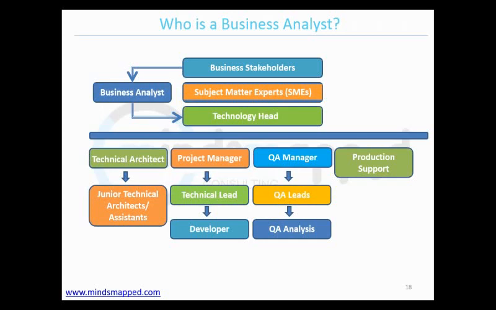Another area where the business analyst works very closely is with the project manager. In project management, he has to work very closely with the project manager, because requirement management is done by the business analyst, and he has to make sure that when the project is being executed, the requirements are managed properly.